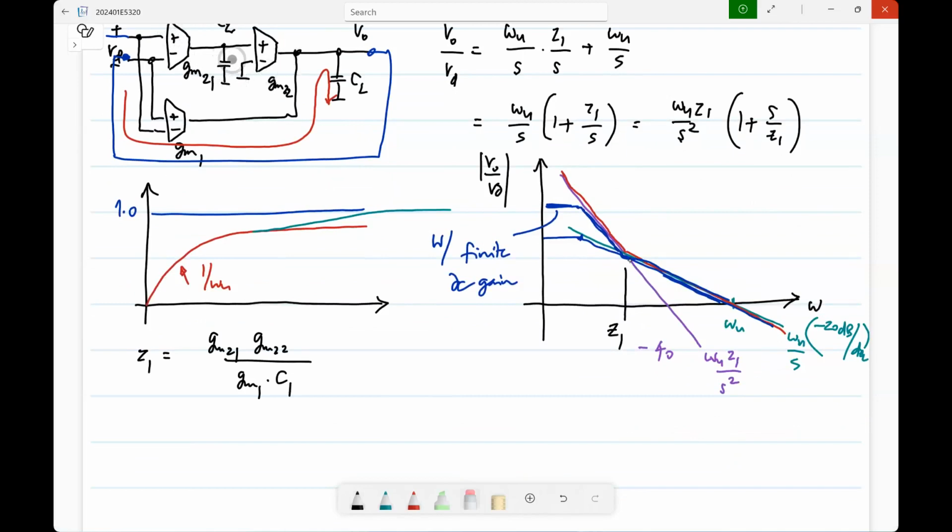So the current coming out of that is GM21 by SC2 times GM22. So when that equals GM1, right, that's when you have the zero. That's when this 40 dB per decade and 20 dB per decade lines cross each other. So this will be the zero frequency. Okay. So, C2, right? Yeah, there is no C1 in the circuit, it's C2. Yeah.